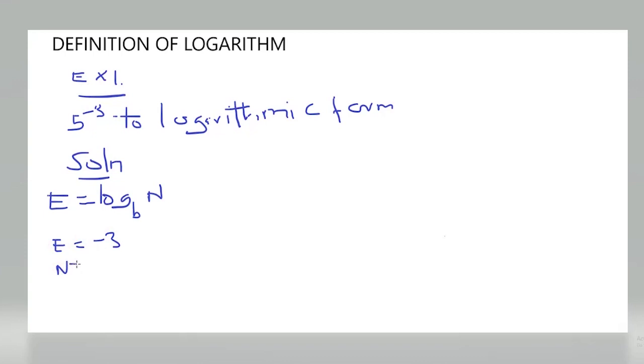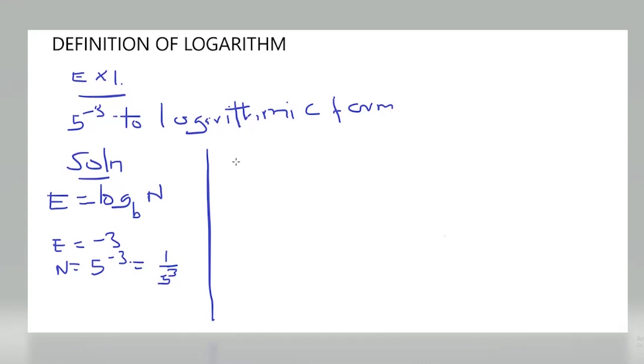Our number is equal to 5 power negative 3, which is equal to 1 over 5 power 3. Please, if you have forgotten or you are not understanding what I'm doing here, please review my previous sessions.